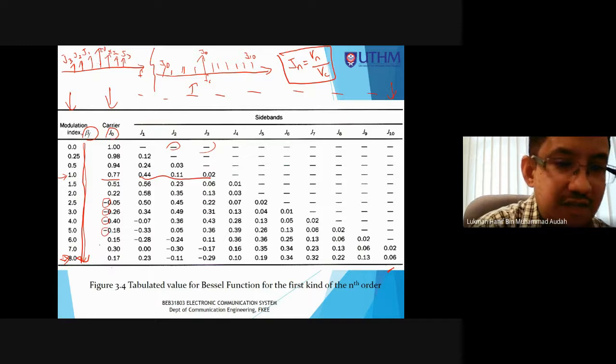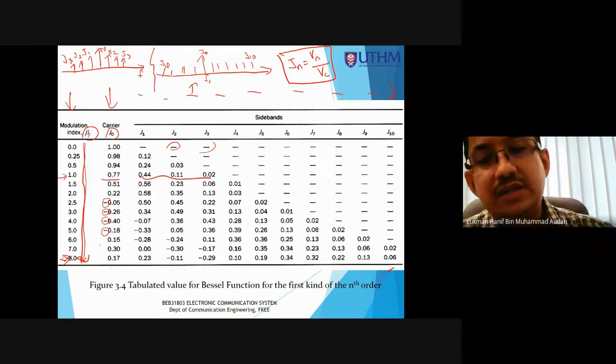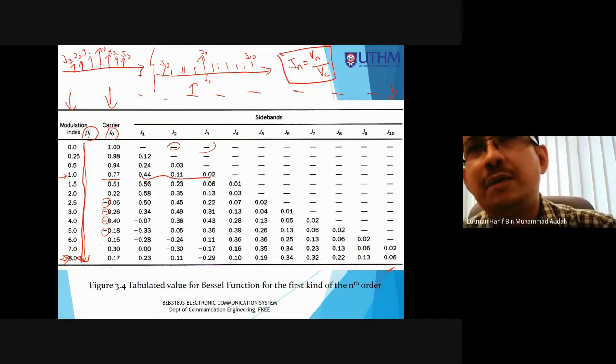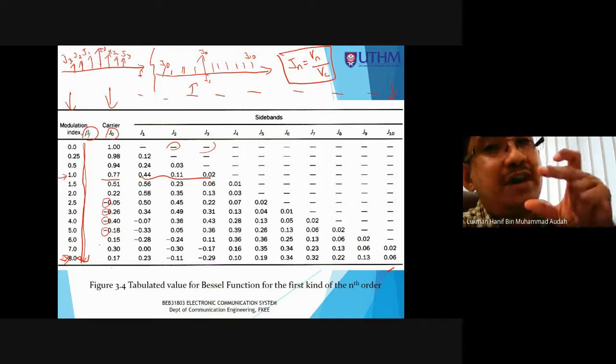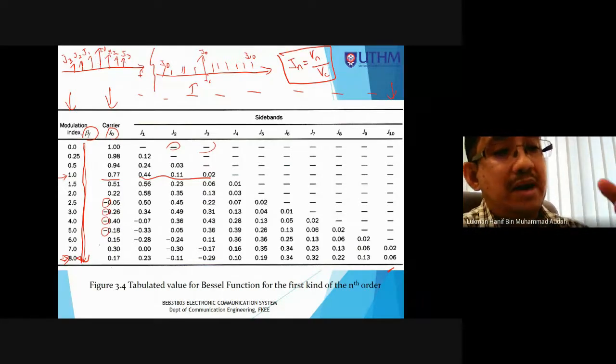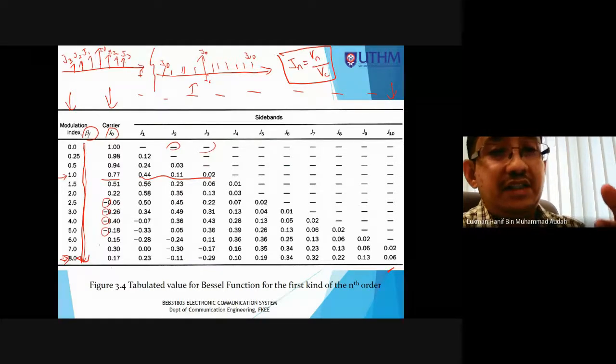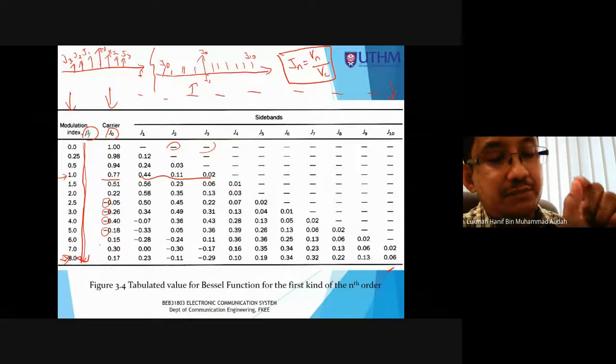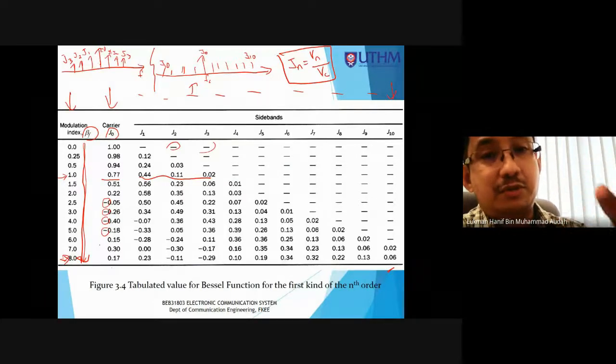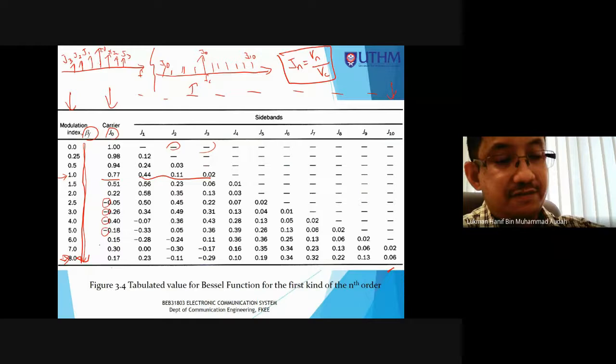So nilai negatif-negatif ini sebenarnya bukan merujuk kepada magnitud yang kecil, tetapi dia sebenarnya merujuk kepada perubahan fasa. Berlakunya perubahan fasa 180 degrees, sebab polarity bertukar daripada positif kepada negatif.